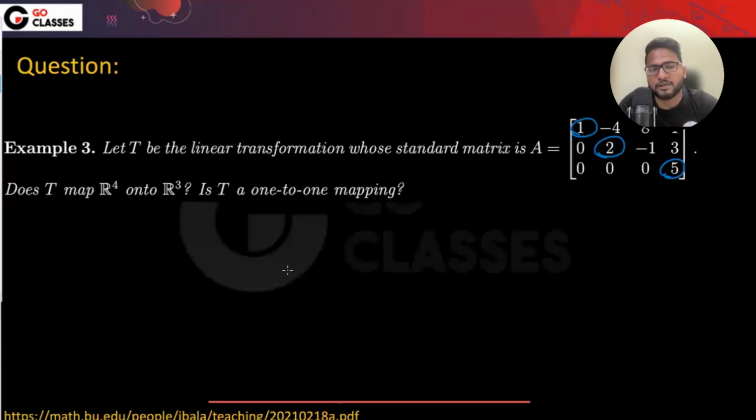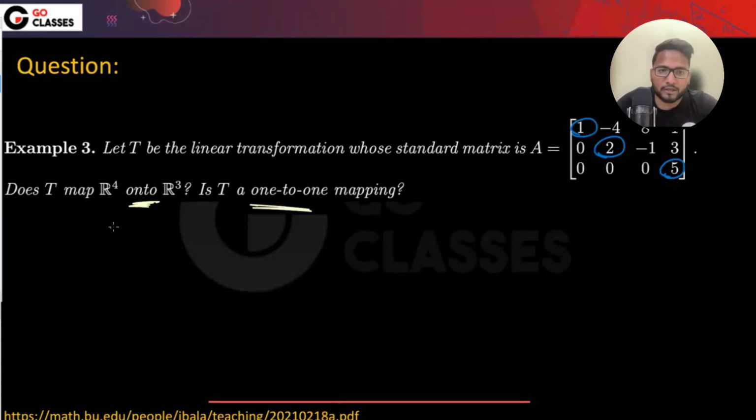What they're saying, let's just see. Let T be a linear transformation whose standard matrix A is this. Does T map R4 onto R3? Is this onto or one to one? That's what they're asking. For onto, you need to span the whole R3. I think you can span the whole R3, so it is onto.